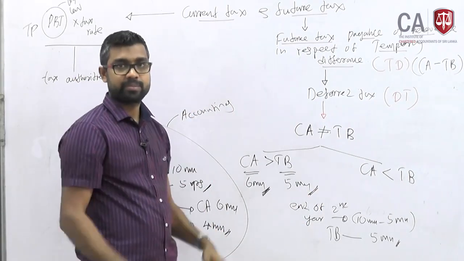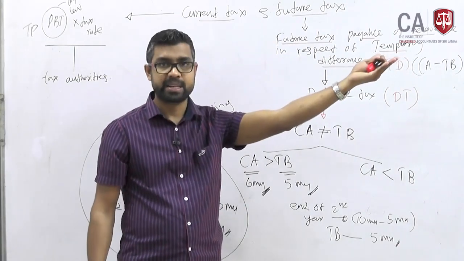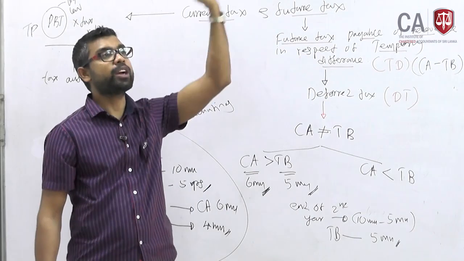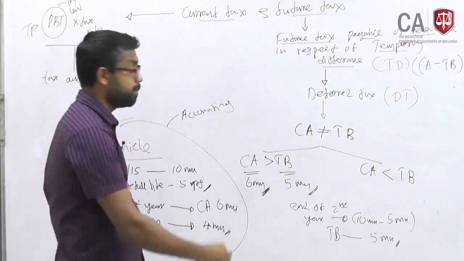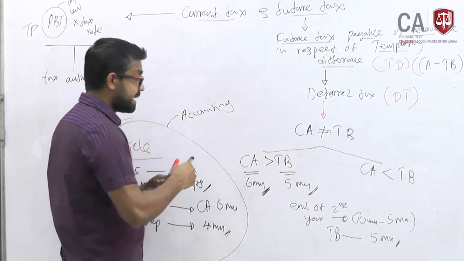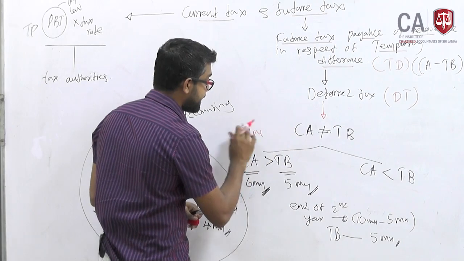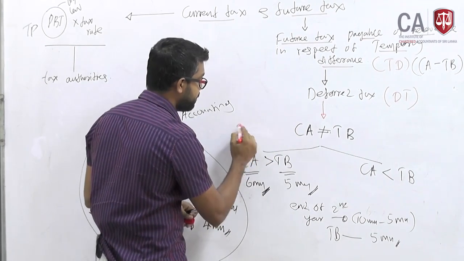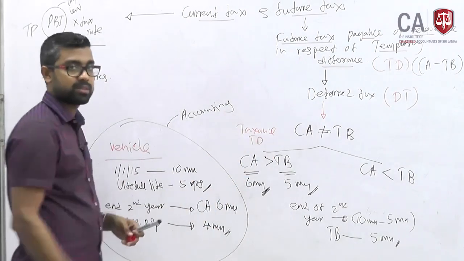5 million. So in accounting, more economic benefits are realized than for tax, which means in future, you have to pay more tax. So here there is a tax liability. We call this a taxable temporary difference. You have to pay tax on this.